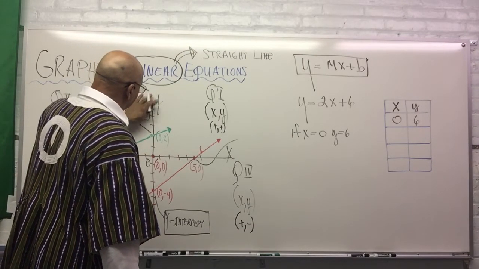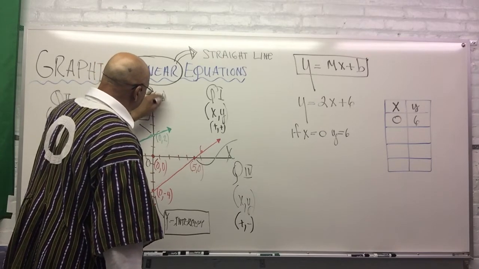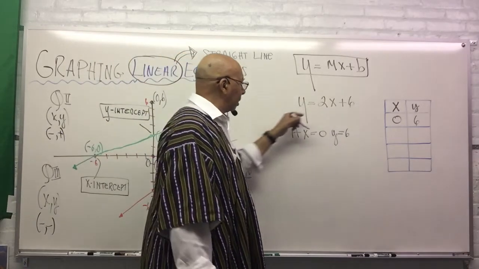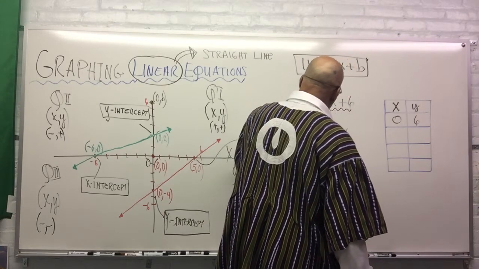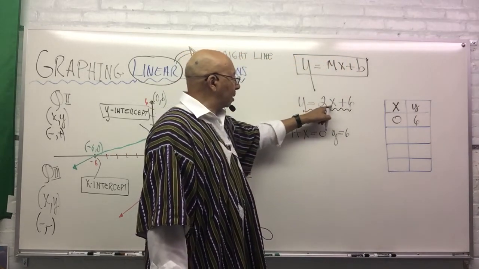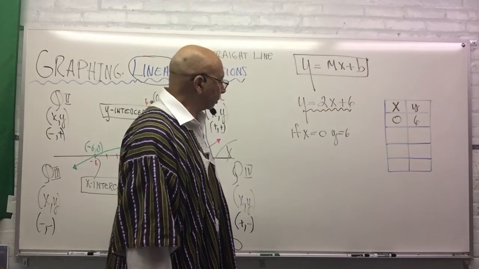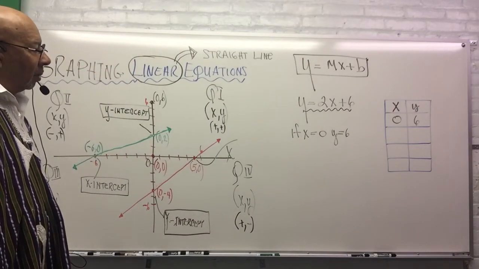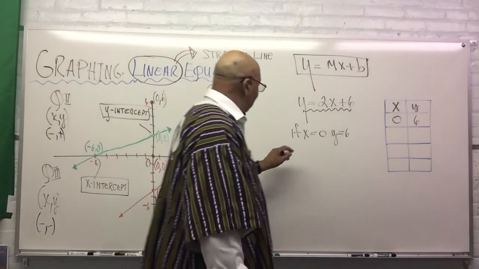I hope you're following this okay. That will be 0 for x and 6 for y. That's one point that'll fit this equation. When I say fit, I mean it makes it a true statement. So if y is 6 and x is 0, 6 equals 6. So that's a true statement. Then I would go back and say, what if x was 1?